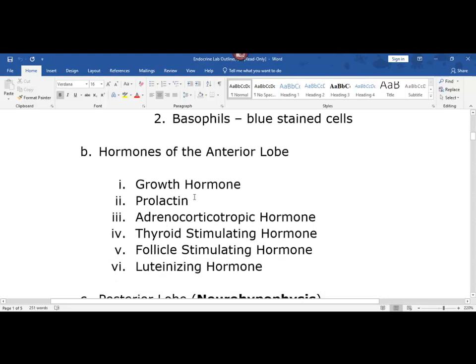And these are all the different hormones associated with the anterior lobe. Growth hormone, overall growth of the body and body cells, prolactin, which is actually a milk-producing hormone. This is adrenal corticotropic hormone, or ACTH. It stimulates the adrenal glands. Thyroid stimulating hormone stimulates the thyroid.